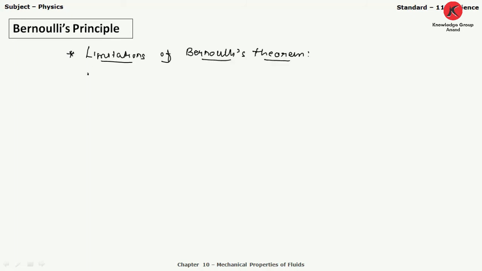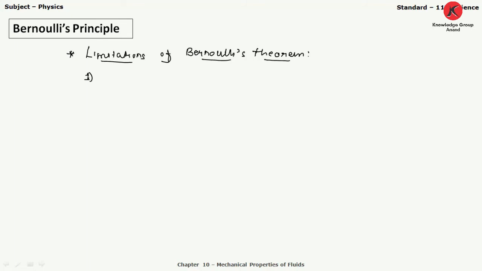As we have discussed, there are mainly two limitations of Bernoulli's theorem. The first one is that we get the Bernoulli equation by applying the energy conservation principle. It means there is no loss of energy due to friction. But in fact that is not possible. When the fluid flows, some energy does get lost due to internal friction.